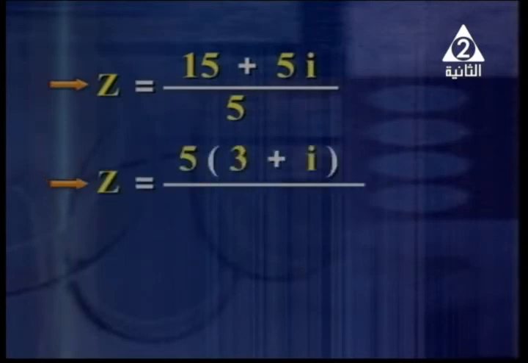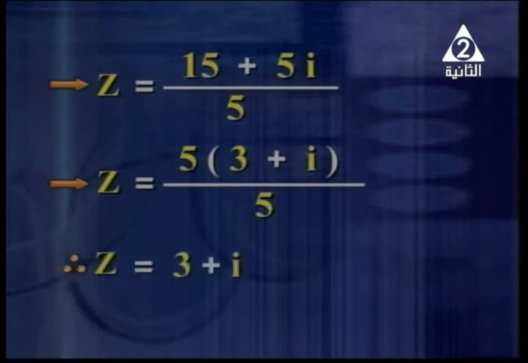In the numerator, we can find the highest common factor is 5. z equals 5 times (3 plus i) over 5. Then what is the value of z? z is 3 plus i.